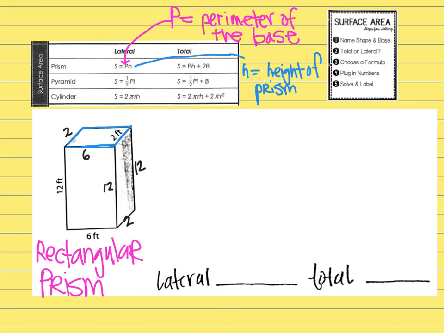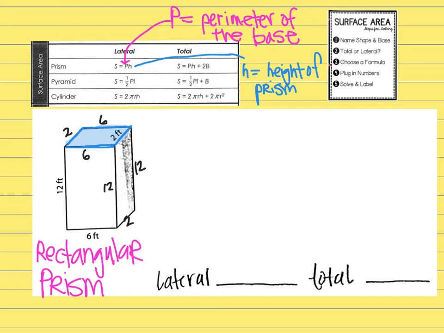Okay, so my base. I'm going to shade that in so I know which piece I'm talking about when I get ready to do my perimeter. Go ahead and add a 6 in right there too. Okay, so lateral surface area.